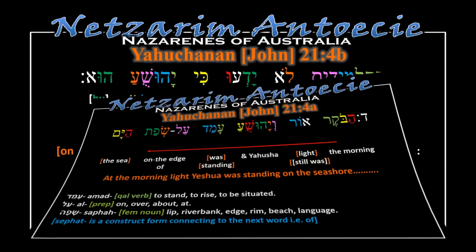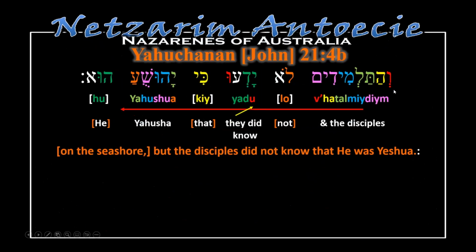So now we come to part B, and we have a vav, a hey, a tav, a lamed, mem, yod, dalet, yod, mem, safit, lamed, aleph, yod, dalet, ayin, vav, kaf, yod, hey, vav, shin, ayin, hey, vav, aleph.